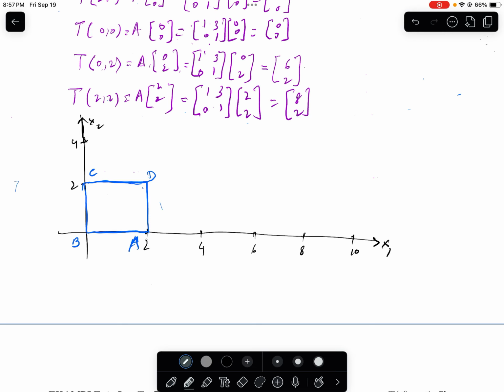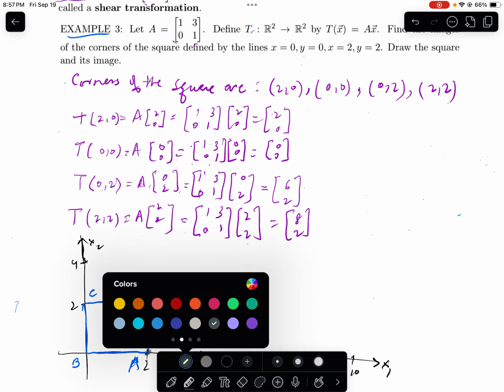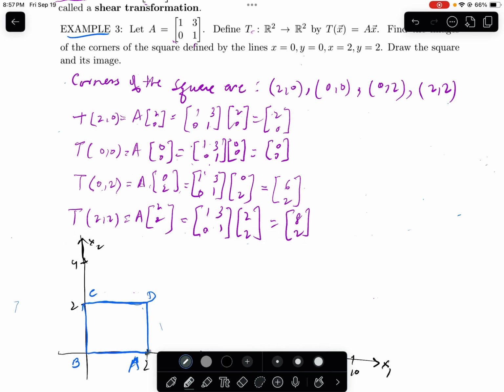I did some work here already. I have found the images of the points. The point 2, 0, which is the point A, is not going anywhere. It is going to stay put. Next I will look at 0, 0. That is going to stay where it is.